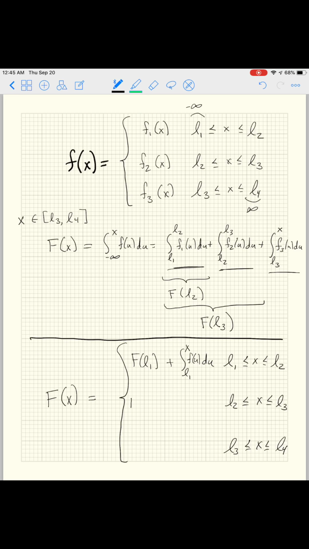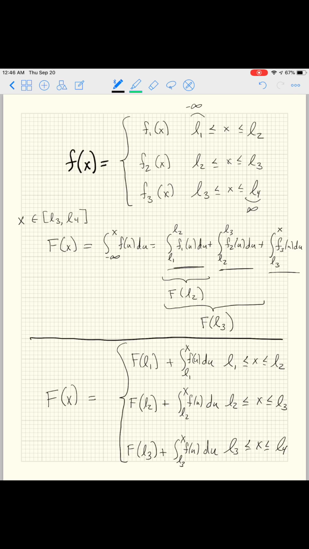Down here, it's the same pattern. Big F, but now we use L2, and now we take the integral from L2 to x of f of u du. And then down here, we do big F of L3 plus the integral from L3 to x of f of u du. And that's the basic pattern.